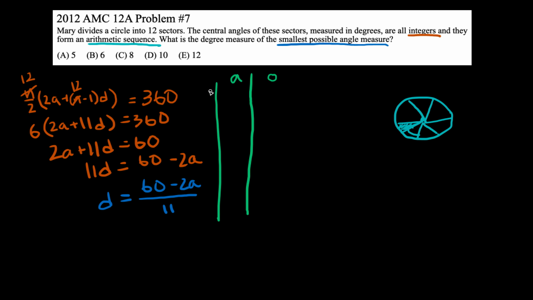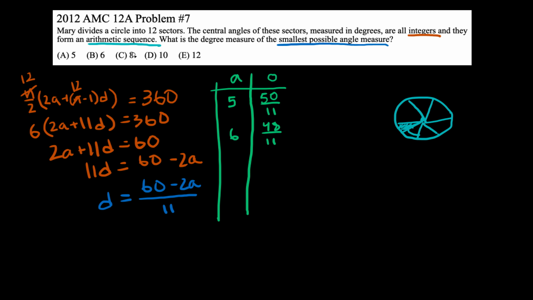Well, let's name it O. So if A is 5, then we have 60 minus 2 times 5 over 11, so 60 minus 10, which is 50 over 11, which is not an integer, so we can eliminate that option. We have 6, which we can substitute. 60 minus 2 times 6, which is also 60 minus 12, which is 48. 48 over 11 is not an integer.